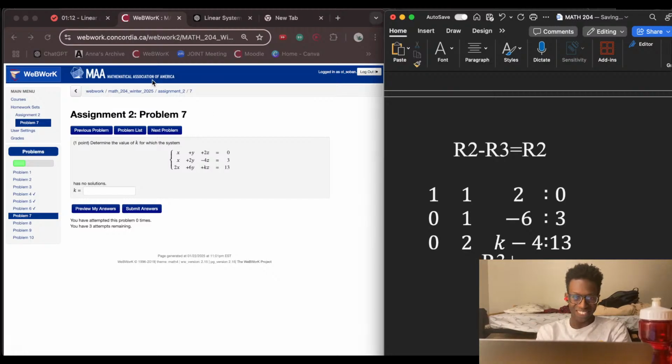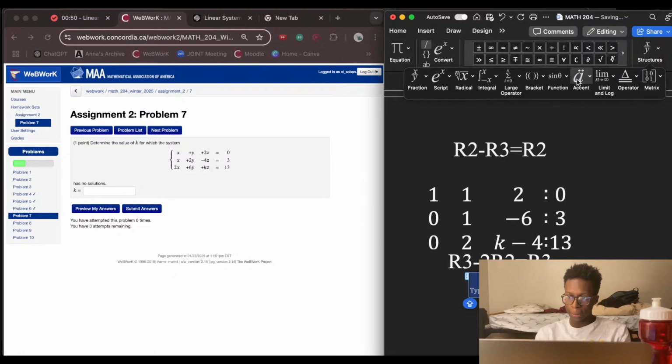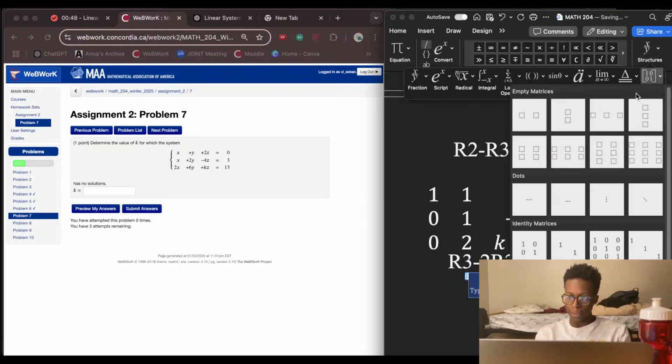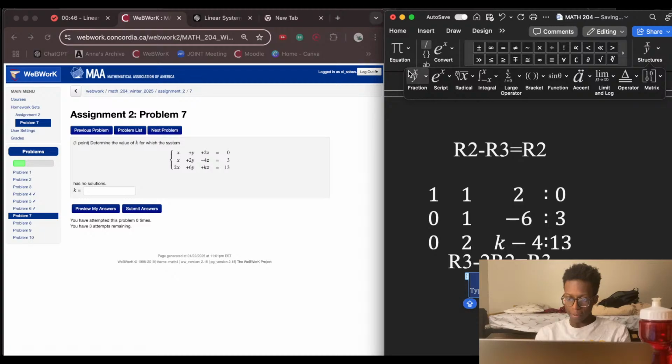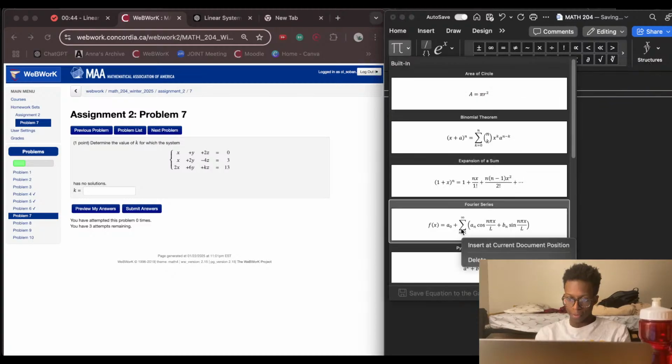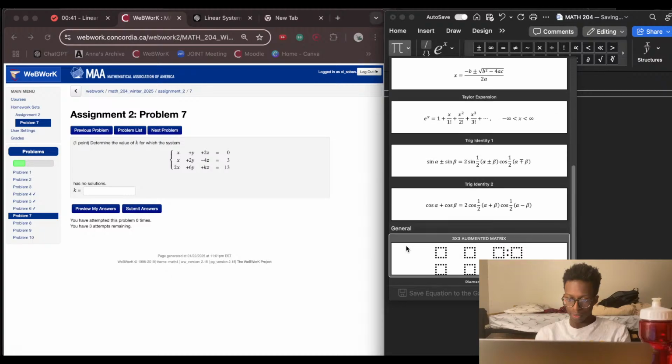Row 2. Row 3 minus row 2. No, 2 row 2 equals 2 row 3. And then, 59 seconds. Oh no, don't do it.